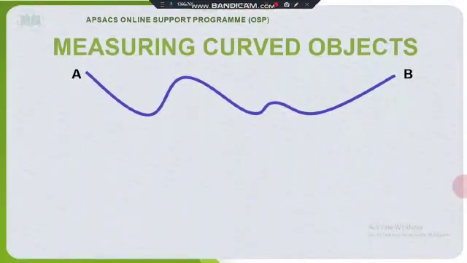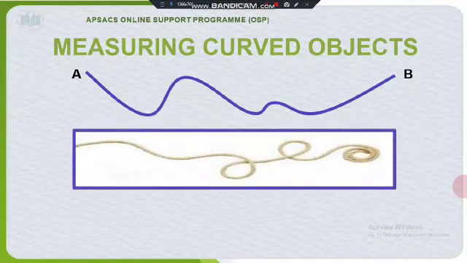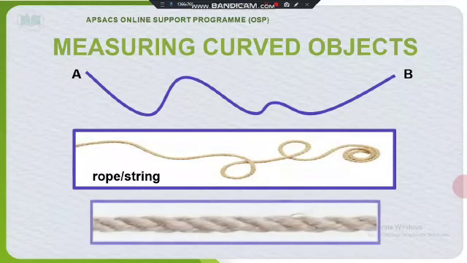Okay students, now how to measure curved objects? Here is a curved line. Can you tell me? Think about it. Okay, let me tell you. This is a rope or you can say a string, and you know that a rope or string is very easy to bend or to make straight, right?